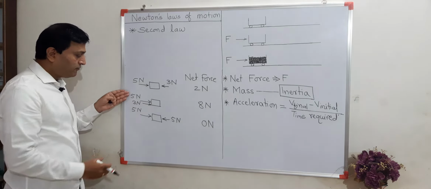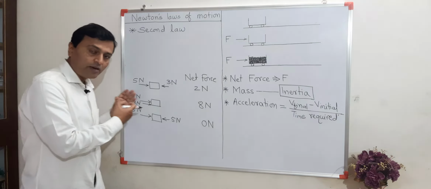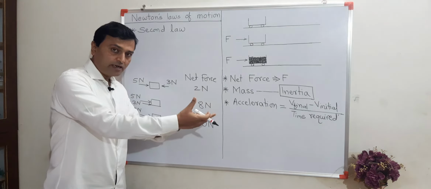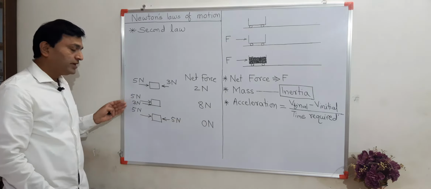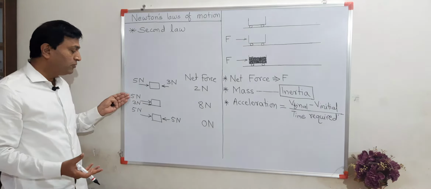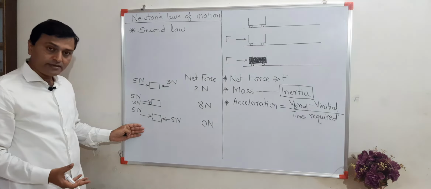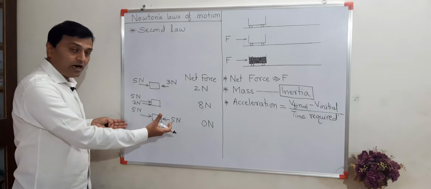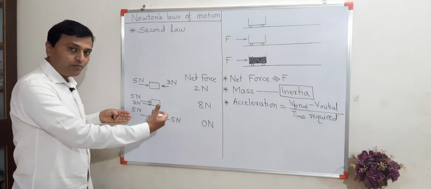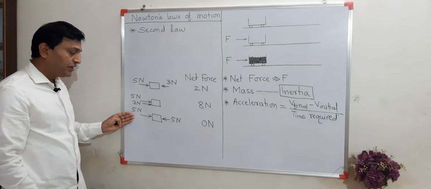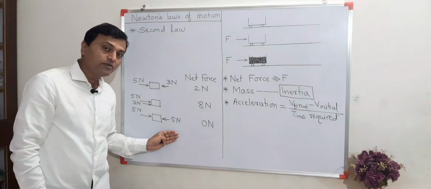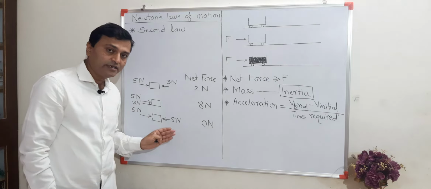In this case, 5 Newton and 3 Newton both apply in the same direction, towards the right. Both can be treated as positive, means 5 plus 3 gives 8 Newton. In the last case, both forces are equal in magnitude but opposite in direction. That's why this 5 Newton gets cancelled with this 5, because it is treated as negative.